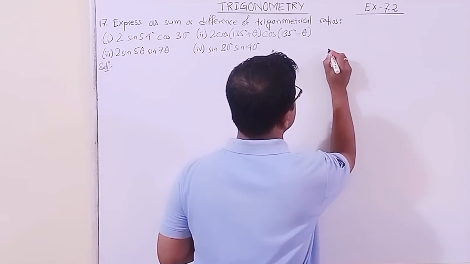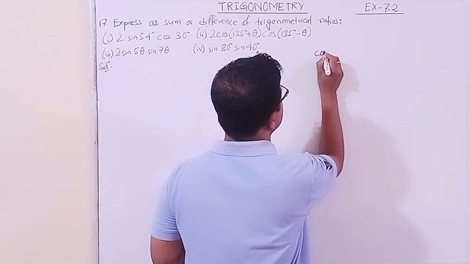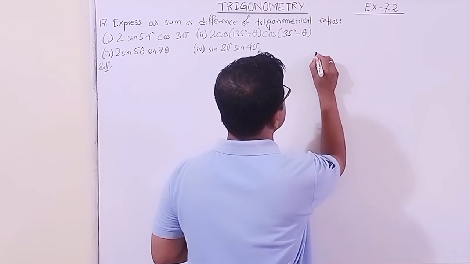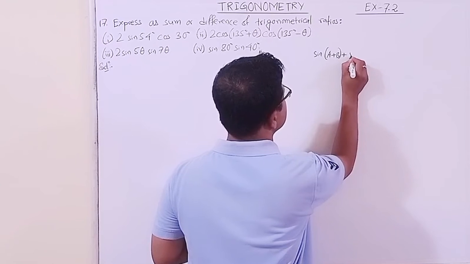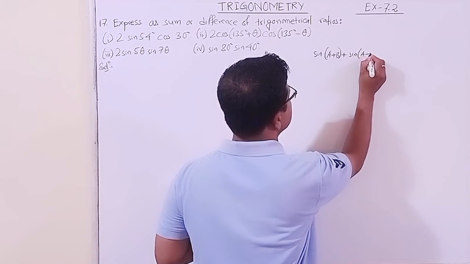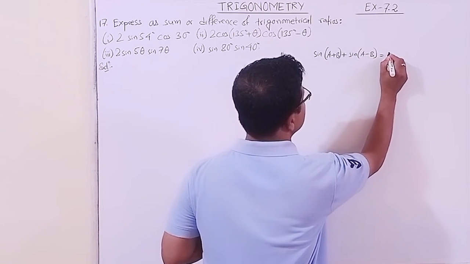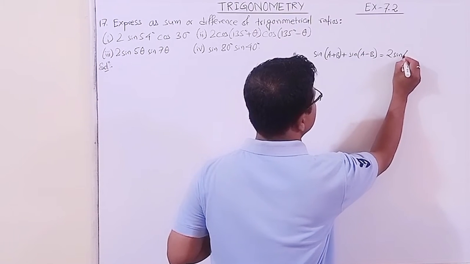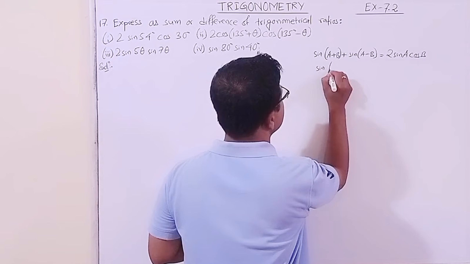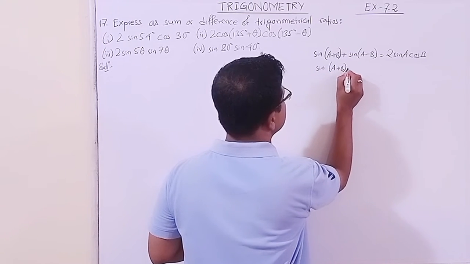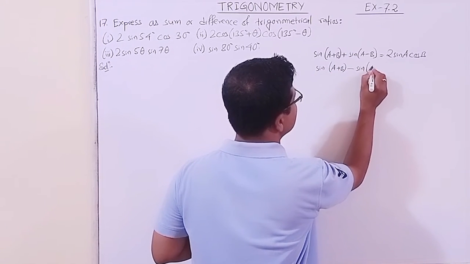We have already got these identities or formulas. Let us start with sine of a plus b plus sine of a minus b. This we have already got, this is equal to twice sine a cos b. And if it is sine of a plus b minus sine of a minus b, then what did we get?